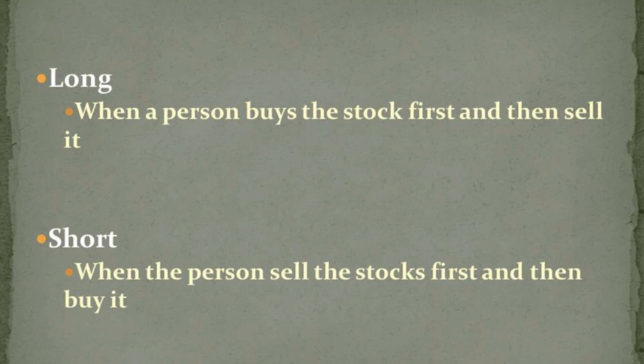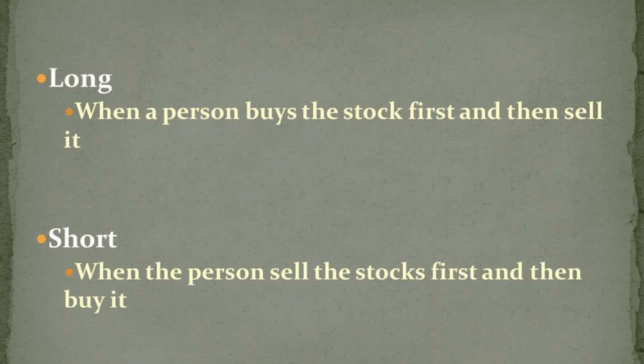So basically, if you are expecting that prices of a particular stock would go up, what will you do? Obviously, you will say, ma'am, I'll obviously buy that share. So that procedure in stock market is called long. First you buy and then you sell, that is called long.